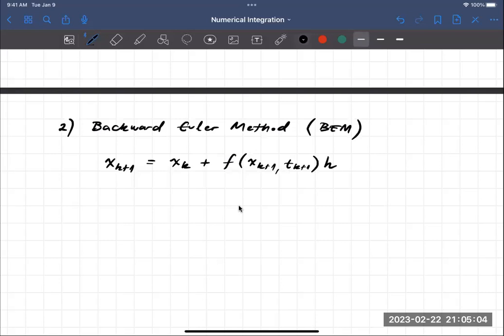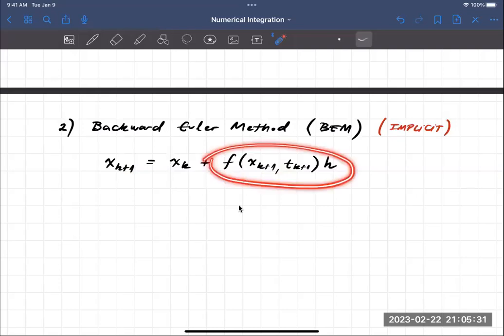One important thing to notice here is that this is an implicit method. Why? Because we have to solve for x of k plus 1, but it also appears inside f, right? So we have to somehow rearrange this equation in terms of something that is known, which is known for the current time.